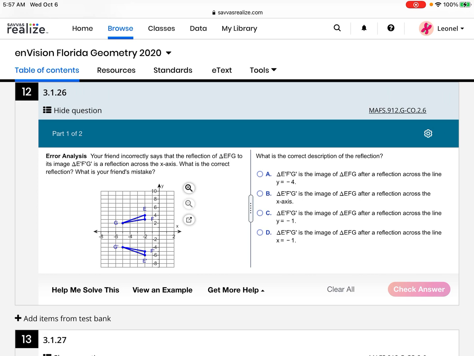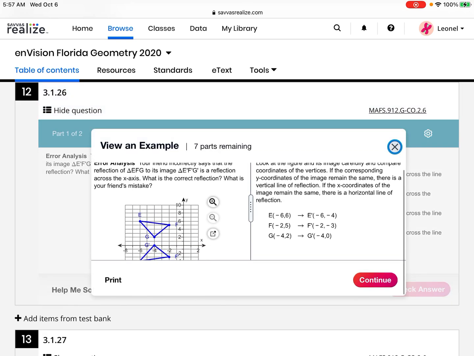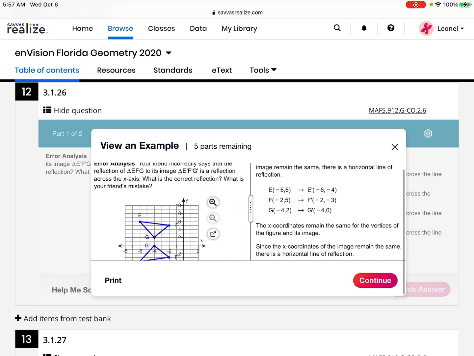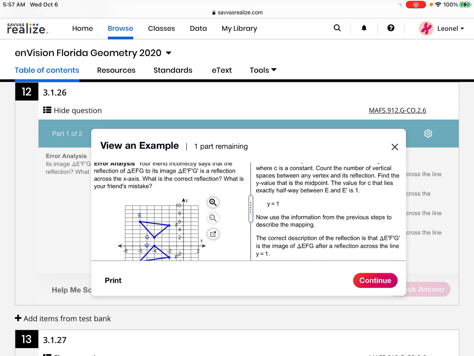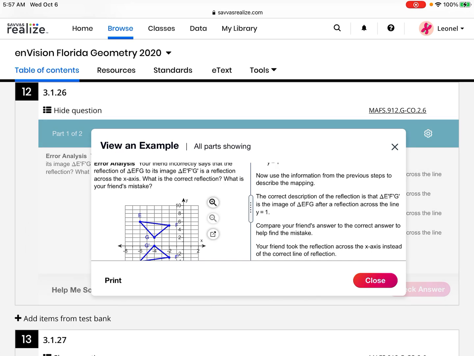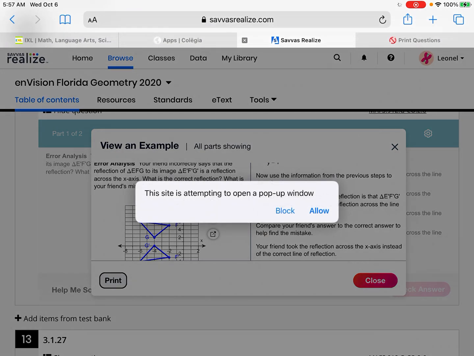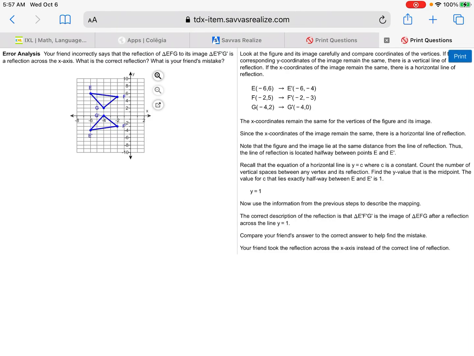Okay, so let's see, this one has 2 parts. So let me view an example to load up all of the different parts. All right.